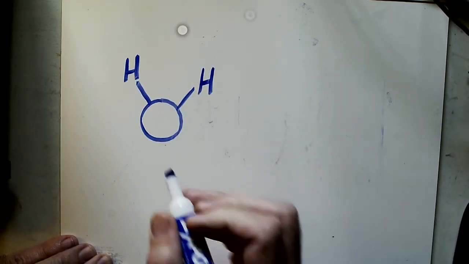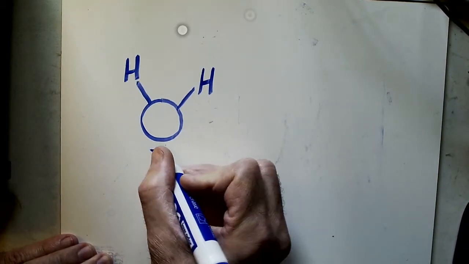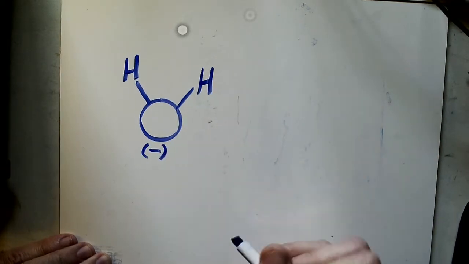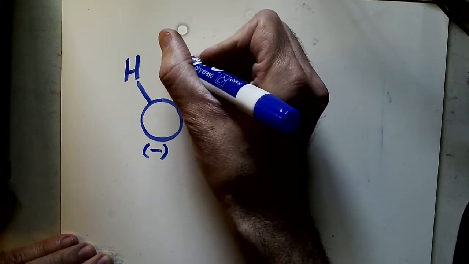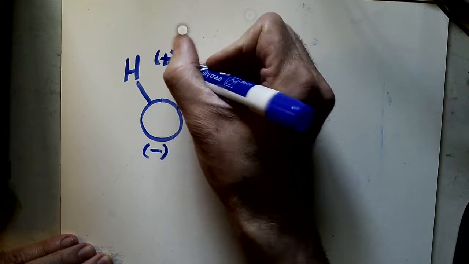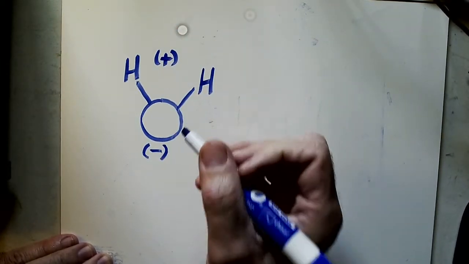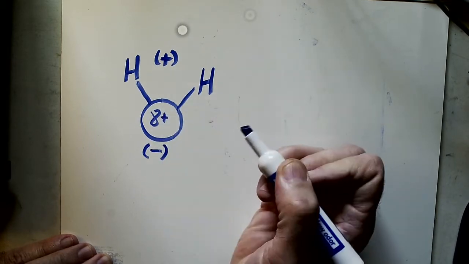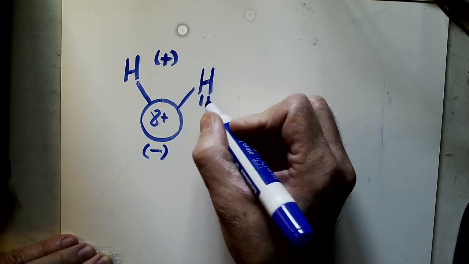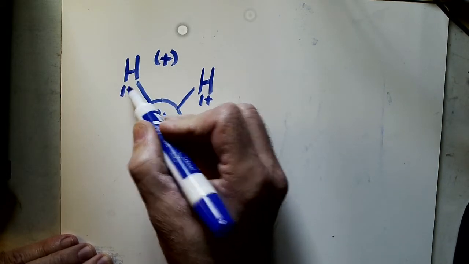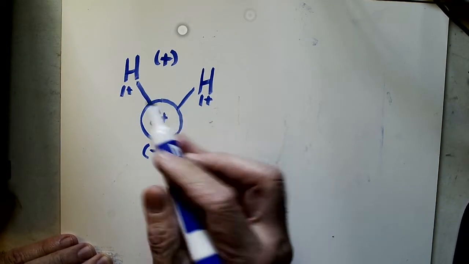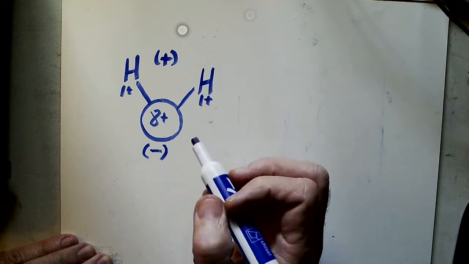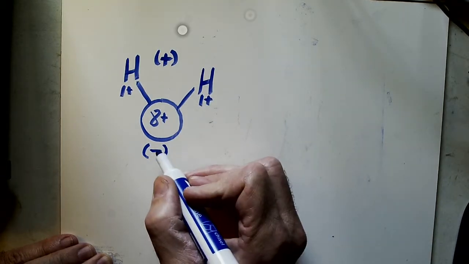and if you remember, the oxygen side of the water molecule is negatively charged and the hydrogen side is positively charged, and that's because, just again for review, oxygen's got 8 protons, hydrogen each has 1. So if oxygen and hydrogen were to play tug of war with the electrons, the oxygen would win.